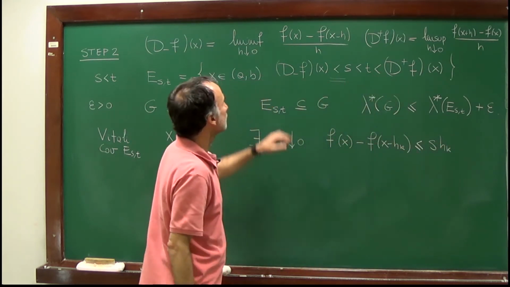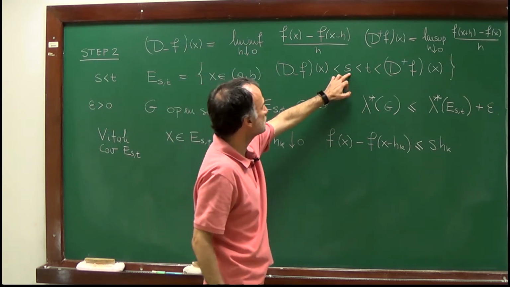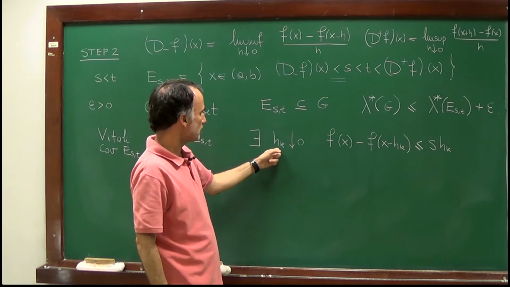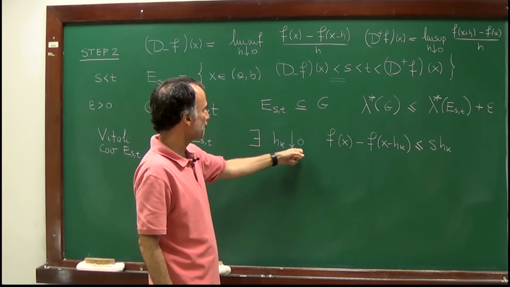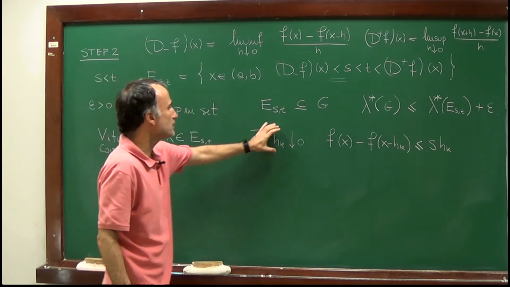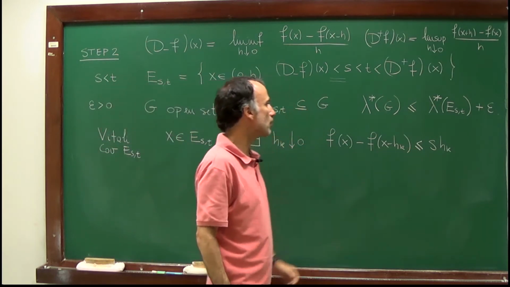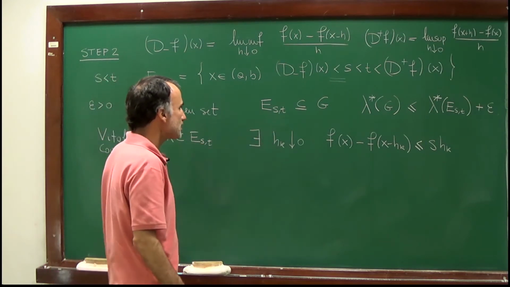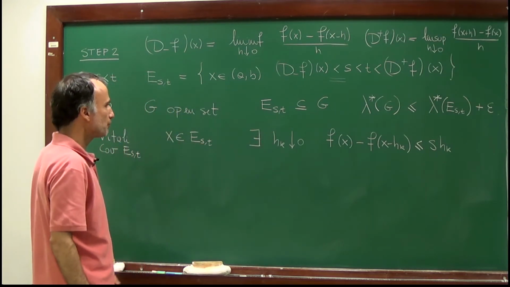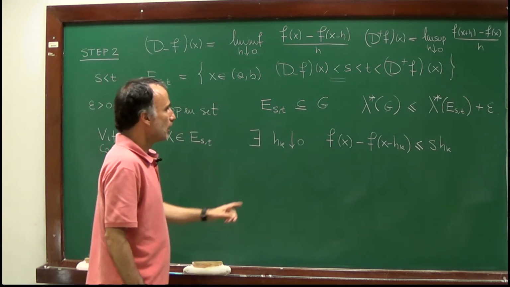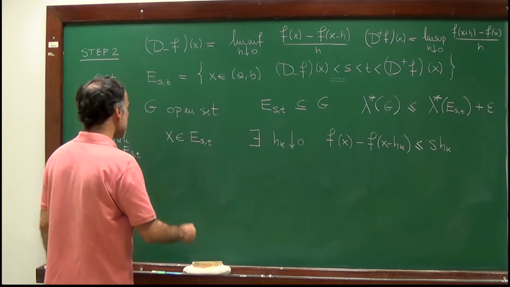Right? Well, the limit inf is smaller than s. This means that for infinitely many values h_k converging to 0, I can find this h_k for which this inequality holds. Okay? Well, these h_k are all converging to 0.